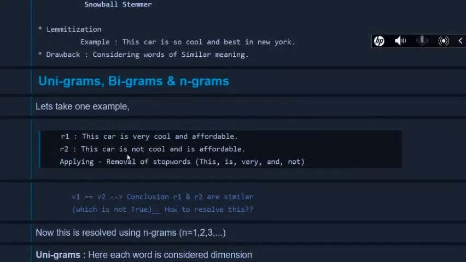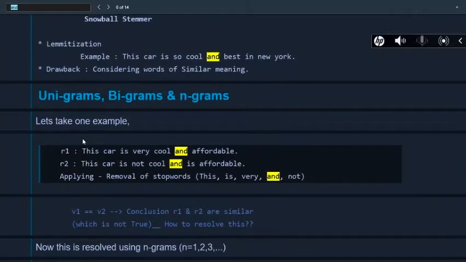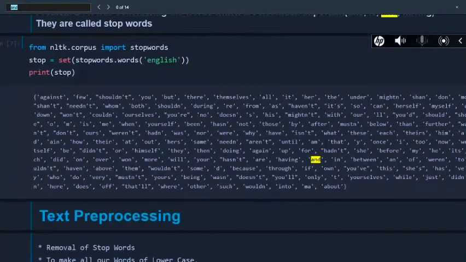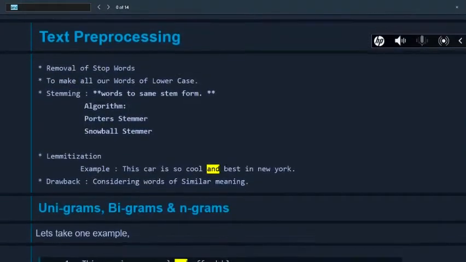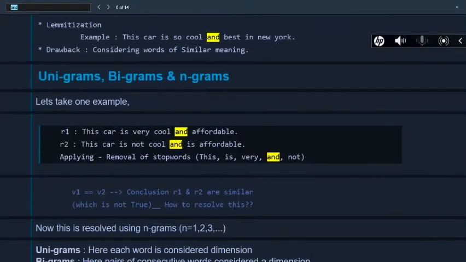On application of removal of stop words, let's see what the stop words are over here. Okay, so we have different words. On seeing this, 'and' is also a stop word in English. Okay, and we have different words like this, very, not; these are all stop words.